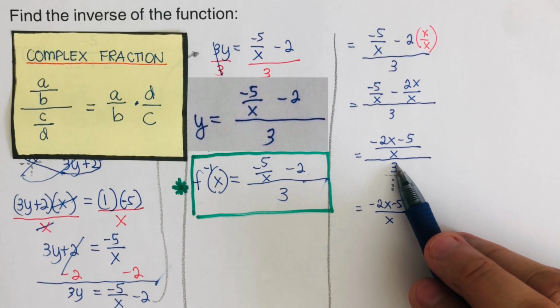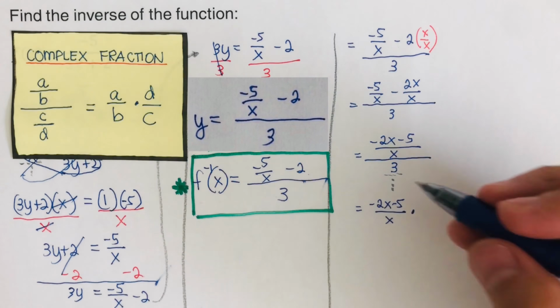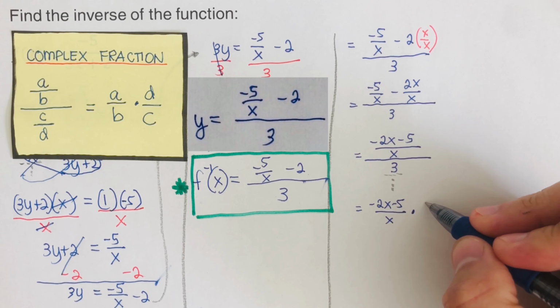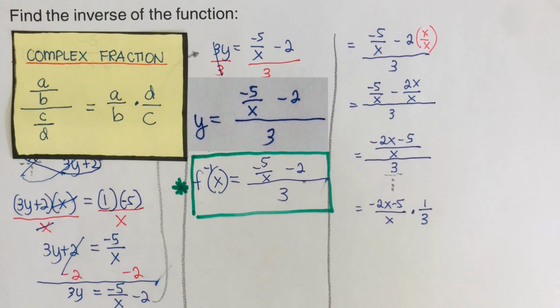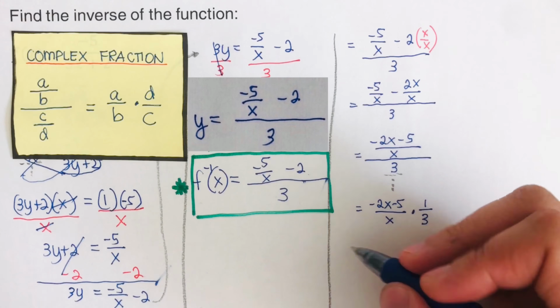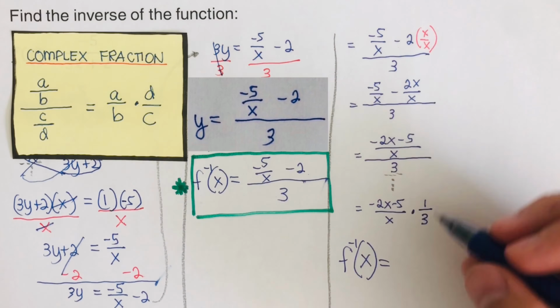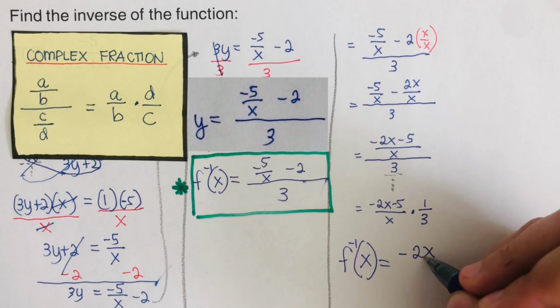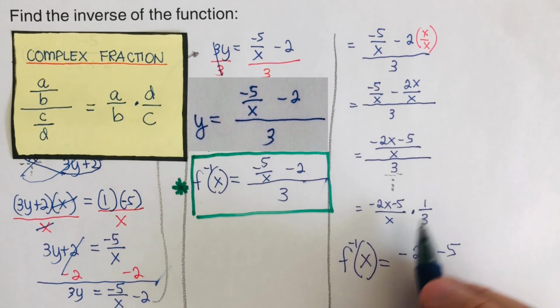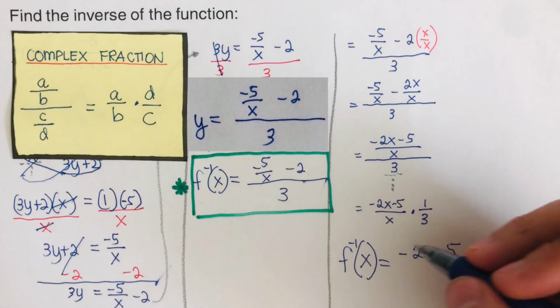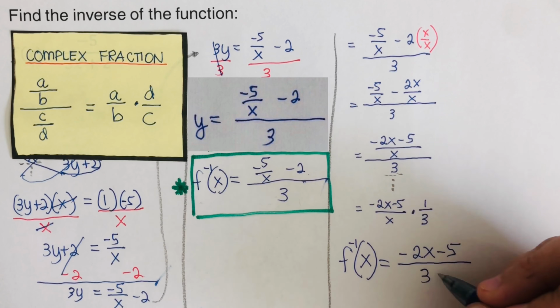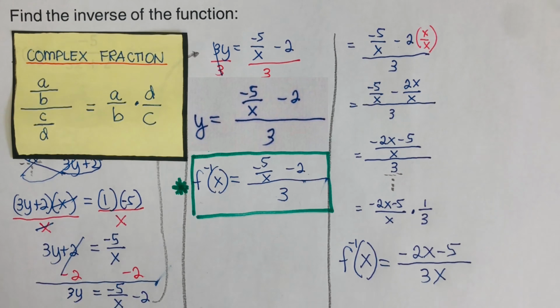So again, this is our c, this is our d, so we flip it, we get the reciprocal of this, so that would be 1 over 3. So then the final equation for the inverse here would be f negative 1 of x is equal to negative 2x minus 5, because we multiply it by 1, so it stays the same, and that is over 3x.